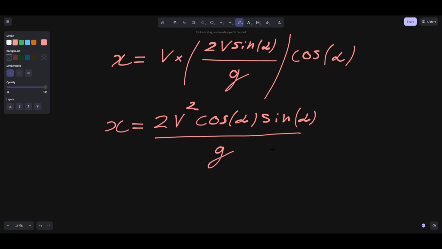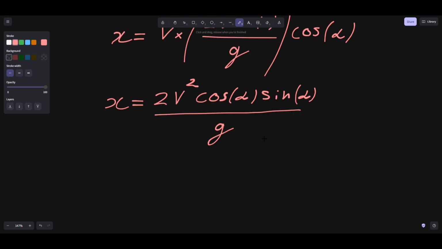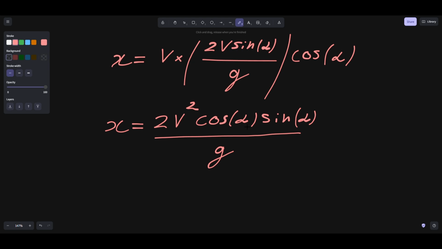And this is the equation that actually describes the x position of the particle when it hits the ground, and it's launched at alpha angle above the horizon with a velocity v.